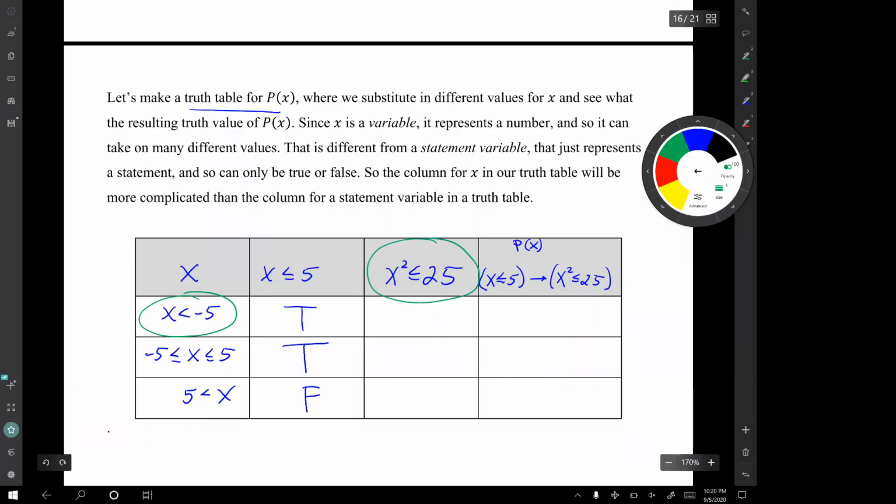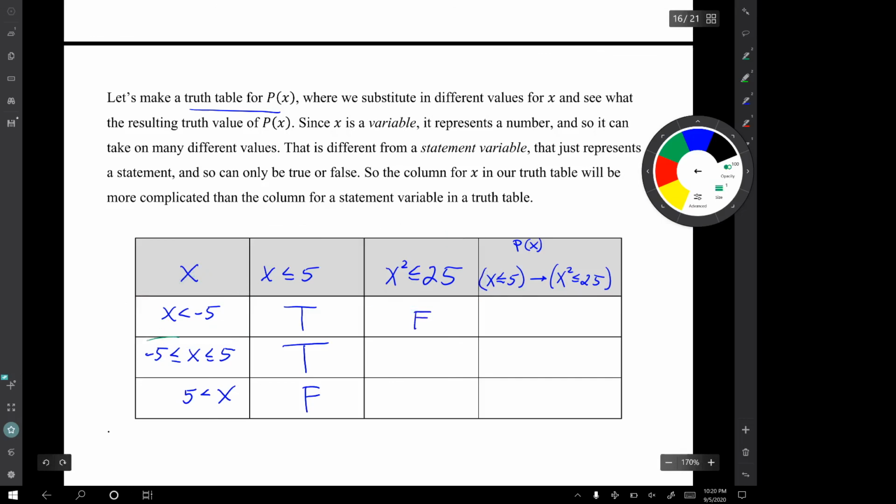If x is less than -5, then the statement x squared less than or equal to 25 will be false. So for instance, if x is -6, x squared will be 36. That's not less than or equal to 25. So for these x values, this inequality is false.